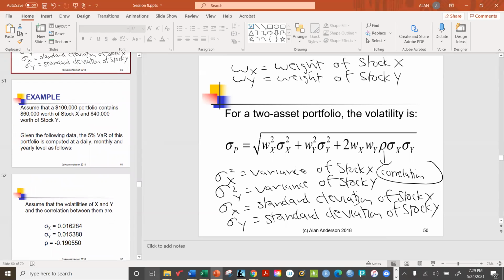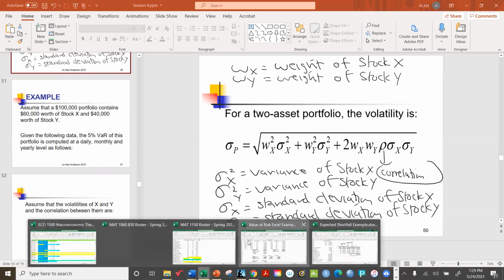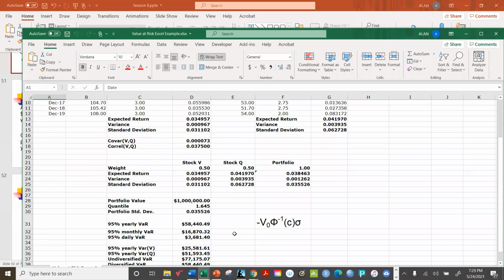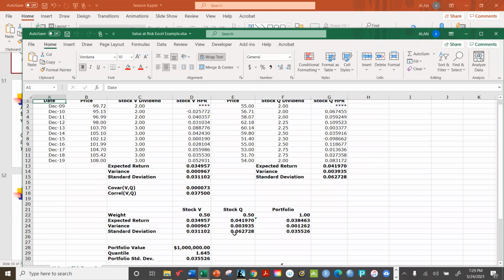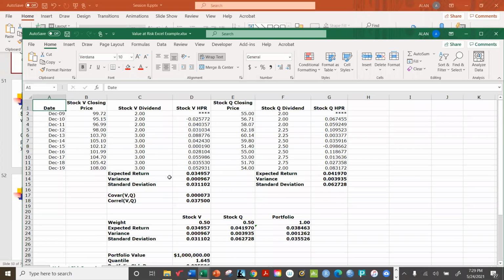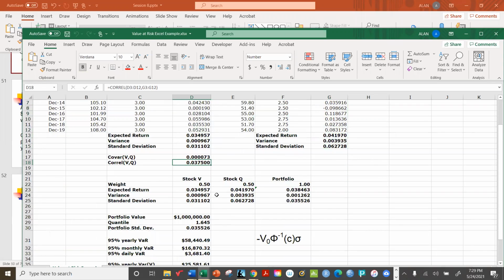All right, so let's see, did I do this in the... This is actually an example. I've already done all the calculations for you. What I did was I took these two stocks, I calculated the returns, I calculated the expected return or mean, the variance and the standard deviation. Here's your correlation.